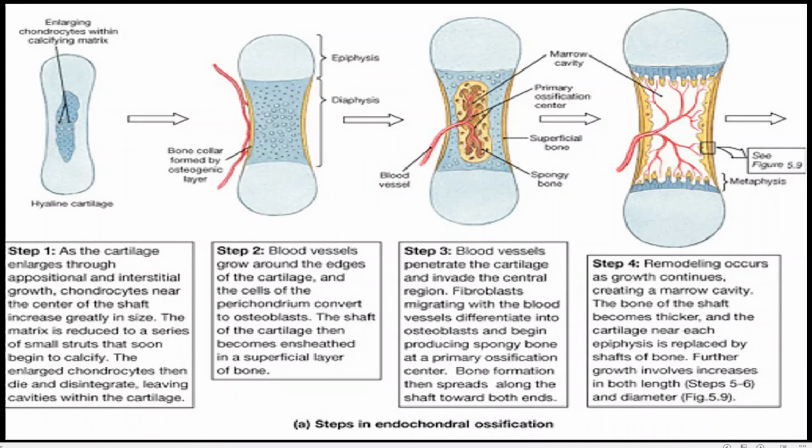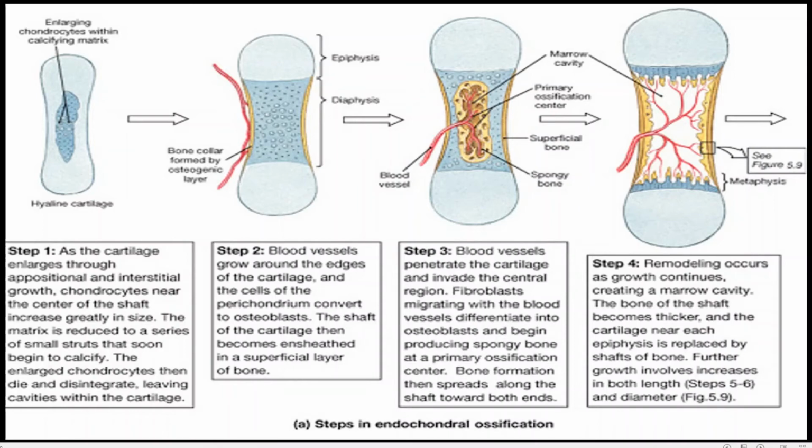Then the osteoid is deposited by the new osteoblasts, woven bone is calcified, and compact bone is remodeled. Then a primary ossification center develops in the diaphysis along the middle of each developing bone.